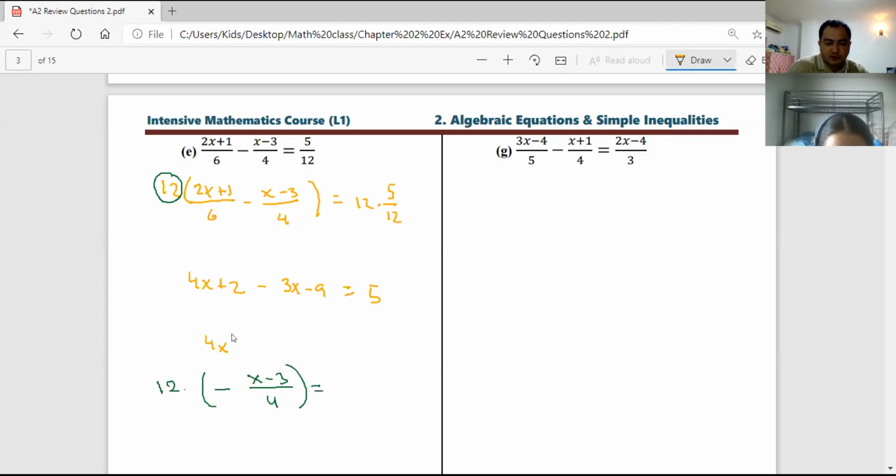So here we have minus 12 times x minus 3 over 4. 12 over 4 is 3. So here we have negative 3 times x minus 3. Minus 3 times x is minus 3x, and minus 3 times minus 3 is plus 9. As you see, we are multiplying this minus by this minus, so it becomes plus. So here you need to write plus.